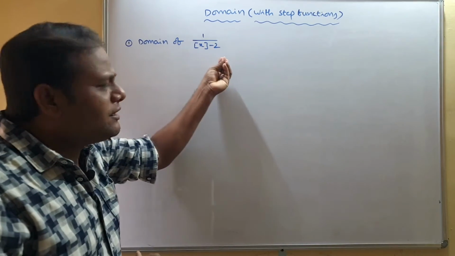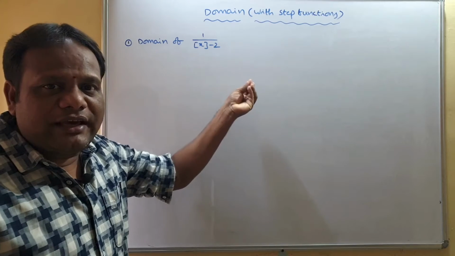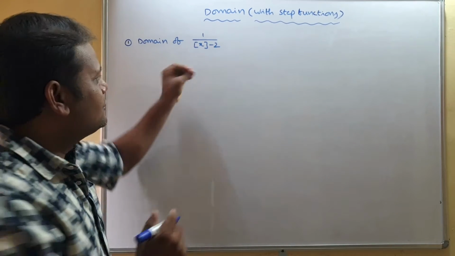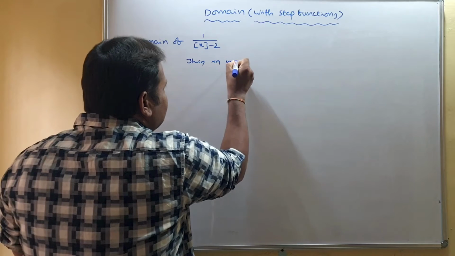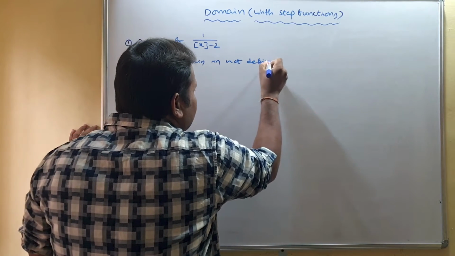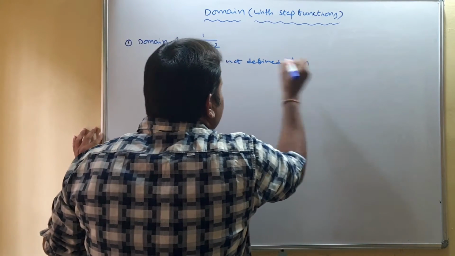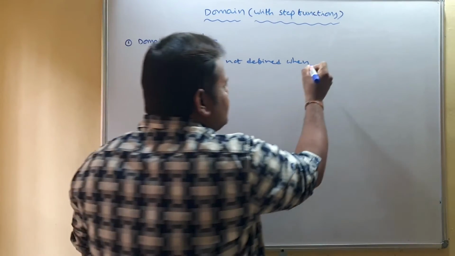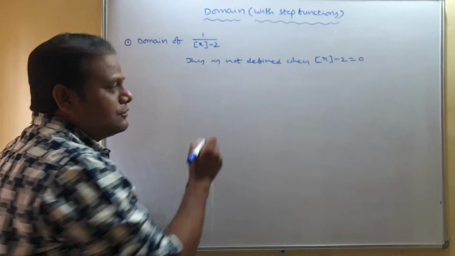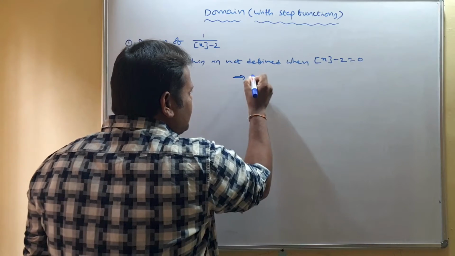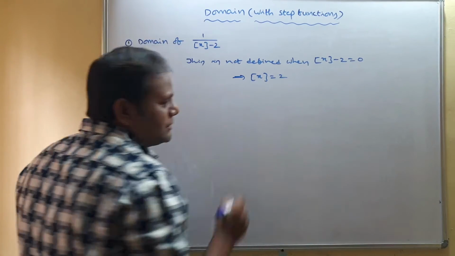So where is this defined, where is this not defined? This is not defined when the denominator is 0, that is [x] minus 2 equal to 0. So [x] minus 2 equal to 0 means [x] equal to 2.